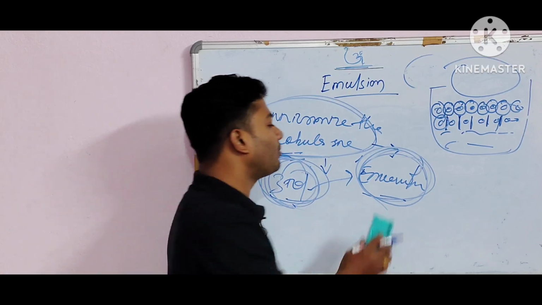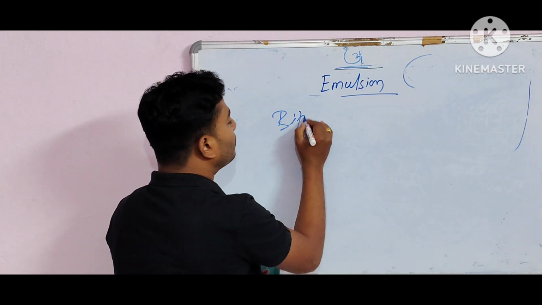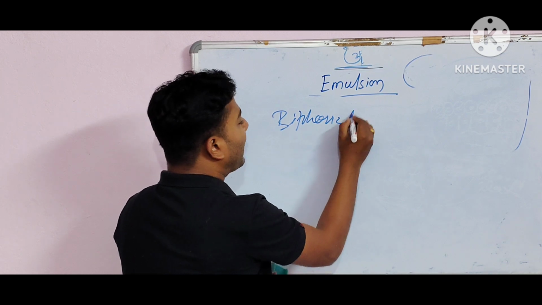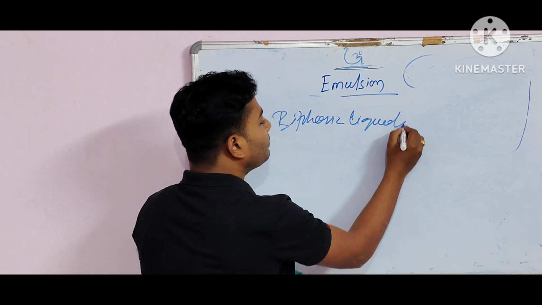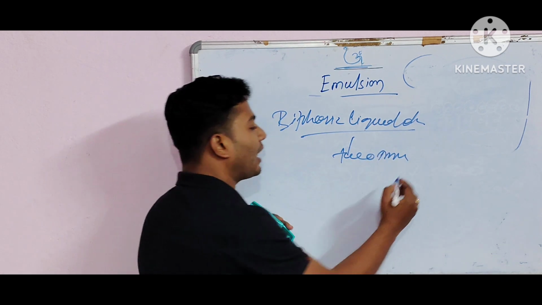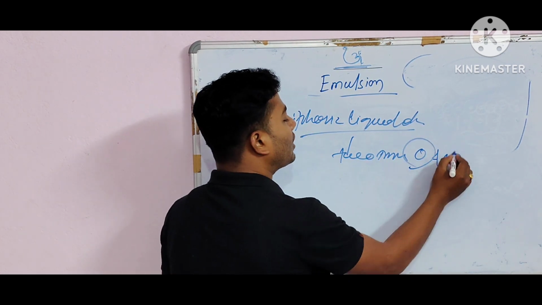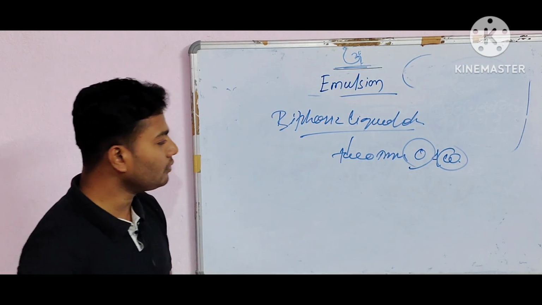So what is the definition of emulsion? Emulsion is a biphasic liquid form containing two immiscible liquids. One is water and one is oil.